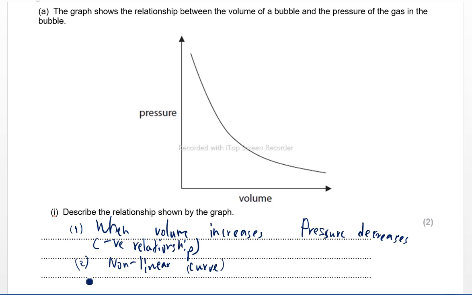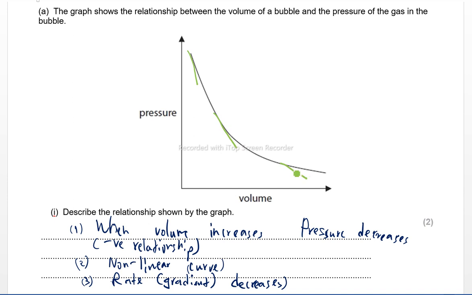Third point I can say is the rate or the gradient decreases. Right, I'll explain that. So look at several points on the graph. Assume this point. Here the gradient will be very high. Then at this point the gradient will be comparatively low.